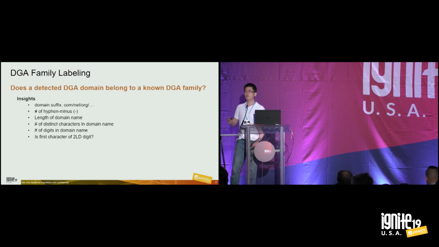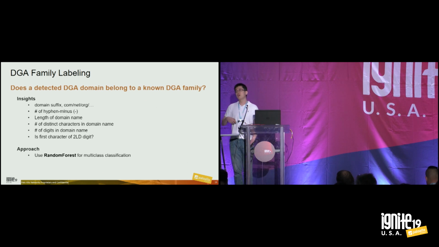And they can have different uses of special characters like hyphens and digits. Based on these patterns, we use the machine learning algorithm random forest for multi-class classification. So given a DGA domain, the random forest can output the probability that this domain belongs to a specific DGA family.